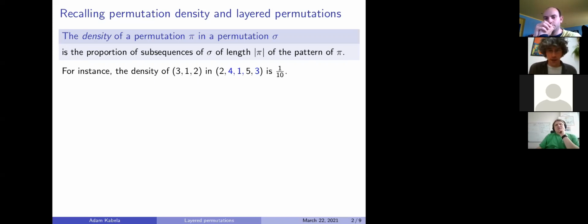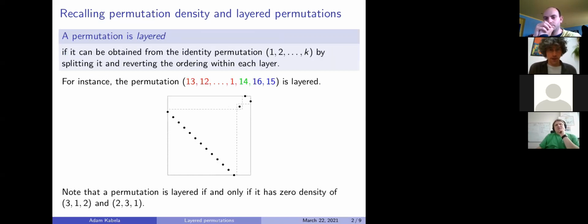And so the second concept used is the notion of layered permutations. Have a look at the picture. So this is a particular example of a layered permutation. Consists of 3 layers.